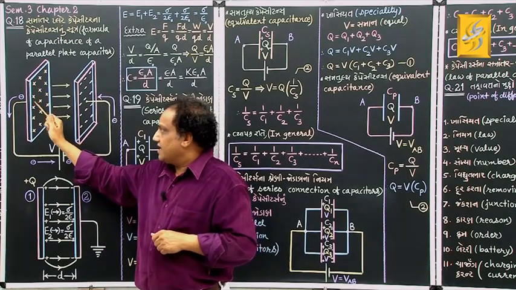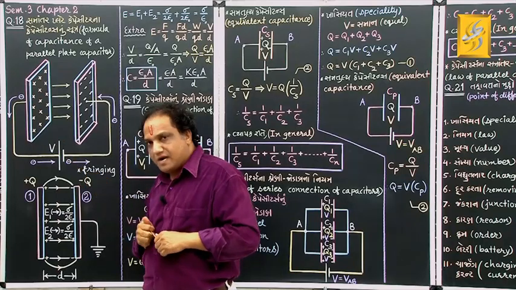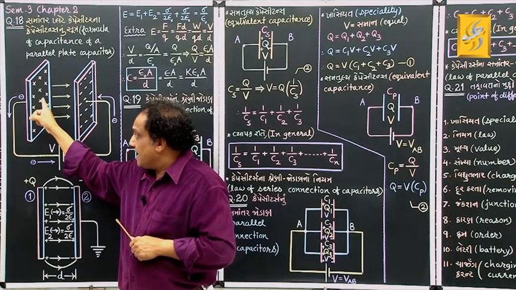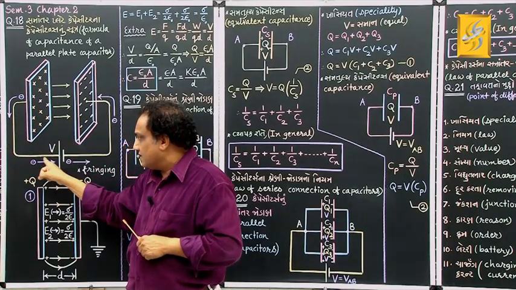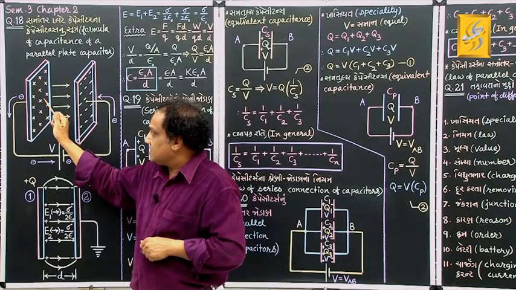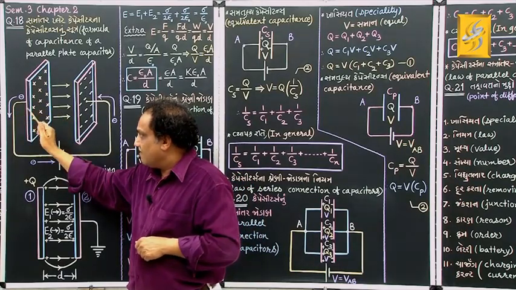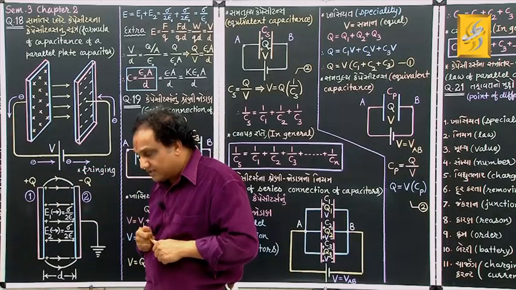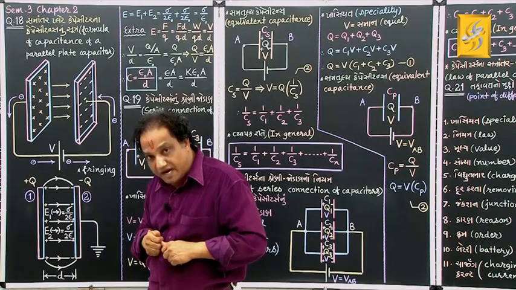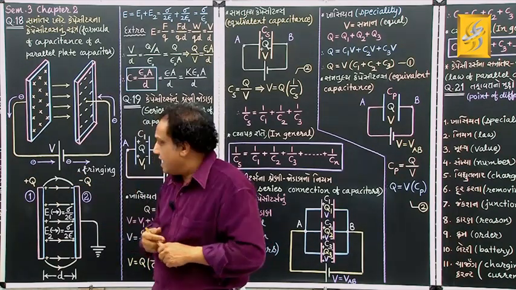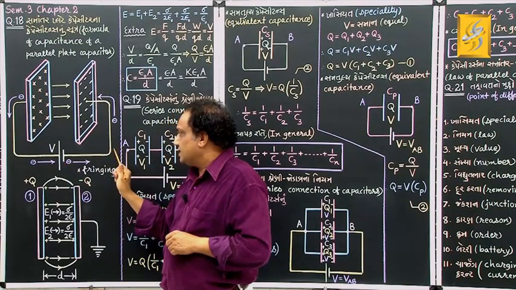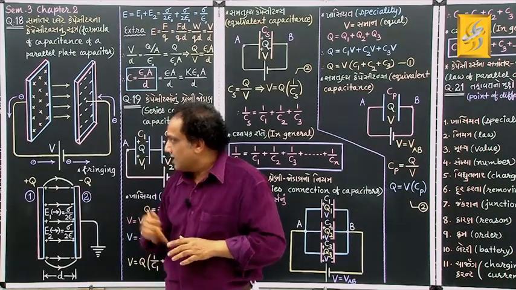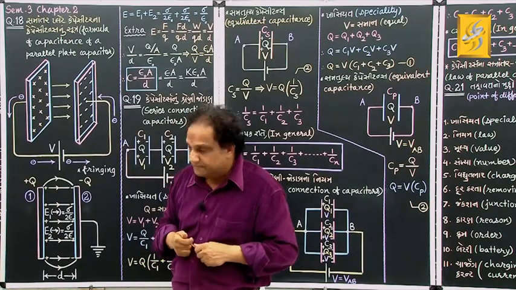Now because this plate is connected to the positive terminal of the battery, free electrons from this plate will be attracted towards this positive terminal, and hence they will start displacing, they will flow through this conducting wire in the external part of the circuit, and then after entering inside the battery, they will receive energy, and then those electrons are deposited on this right plate. Okay, fine. Now tell me, in this process what has happened?